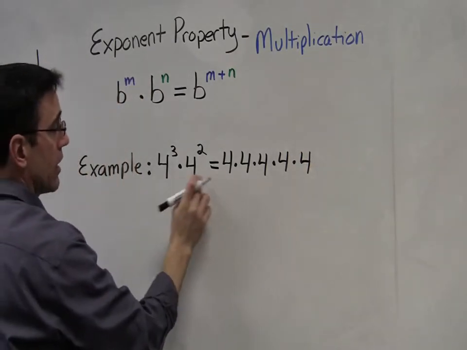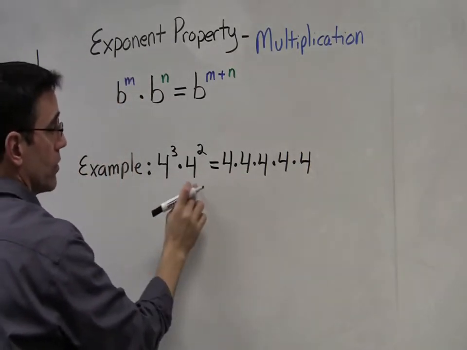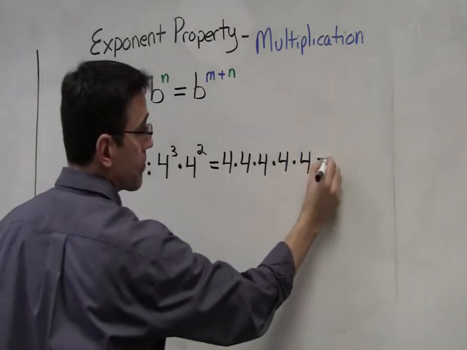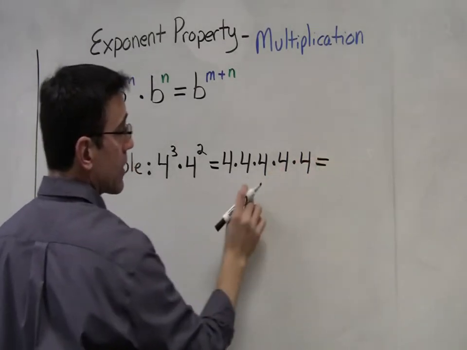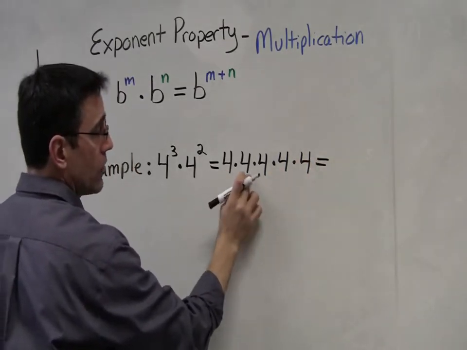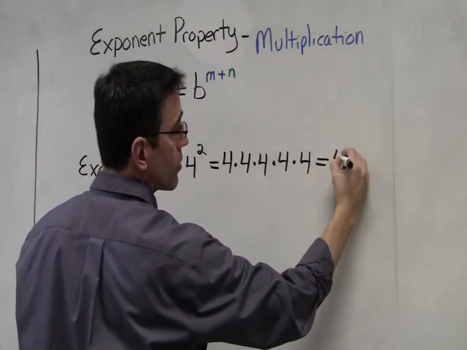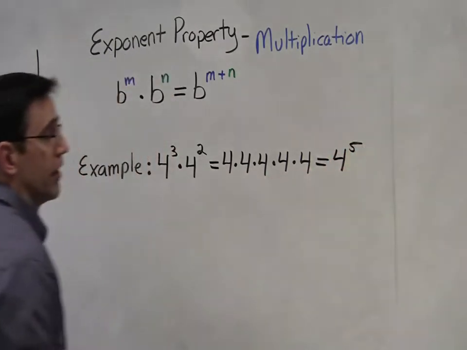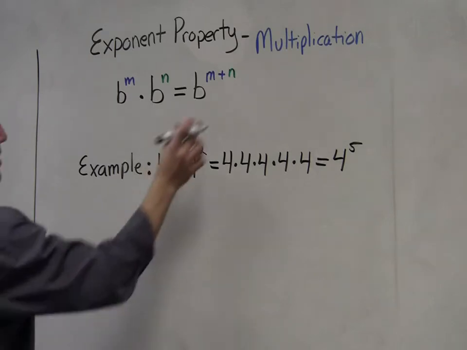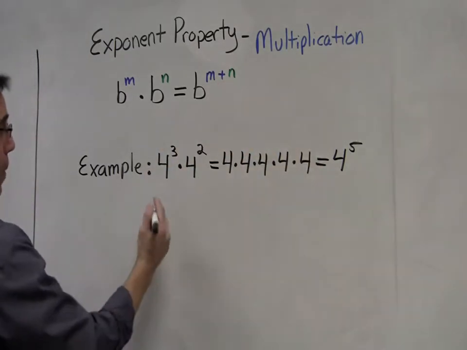So expanded out, that's 3 4s for this one, 2 4s for that one. Now if I write it in exponential form, I can see that I've got 5 4s, so that's 4 to the fifth. So that's where this idea of adding exponents comes from.